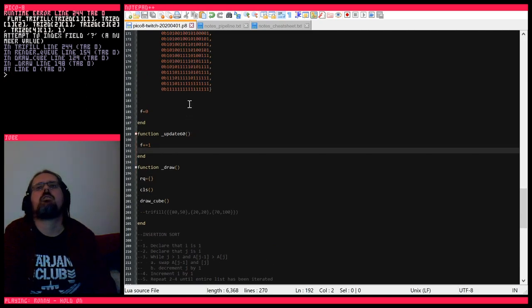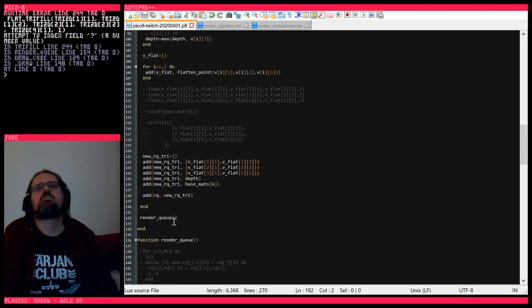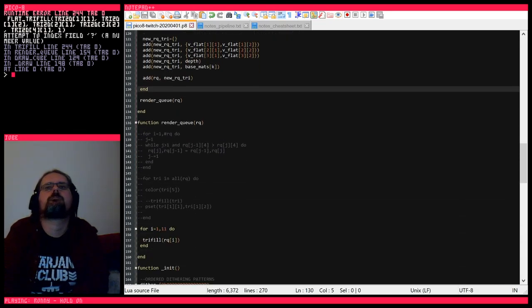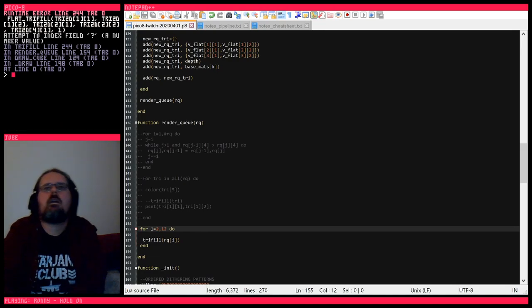No, it doesn't. What the heck? Let's try actually passing the render queue as an argument. What? What is the issue here? I have no idea what's going on.